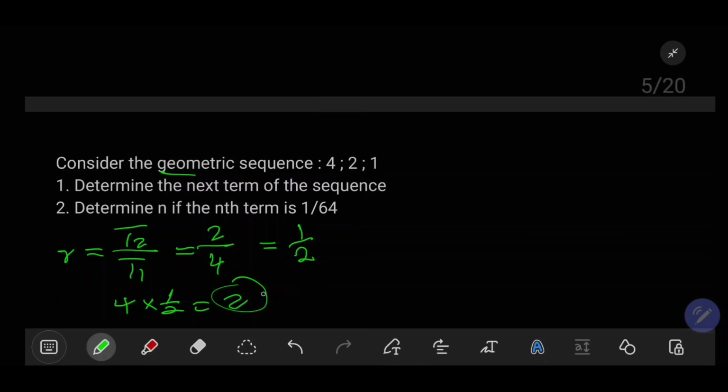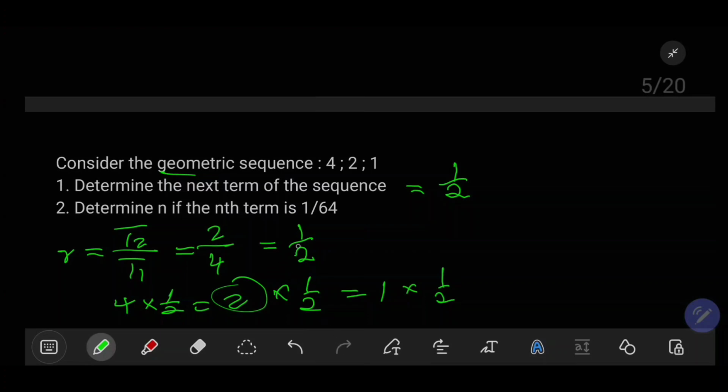Then we multiply this by 1 over 2, we get 1. And then when we multiply 1 by 1 over 2, we get the next term, which is 1 over 2. So this is the value of the next term.